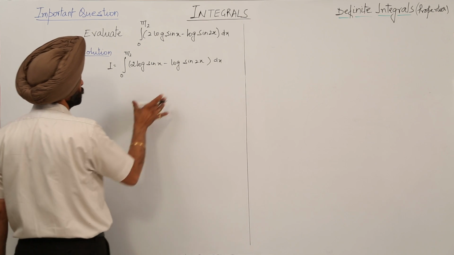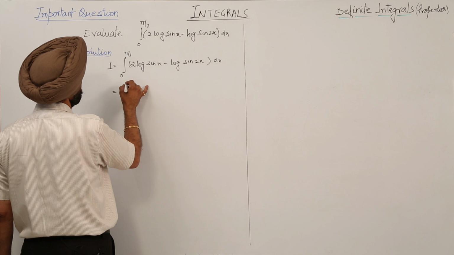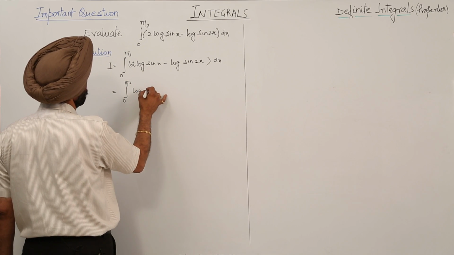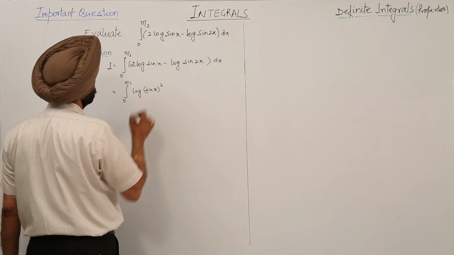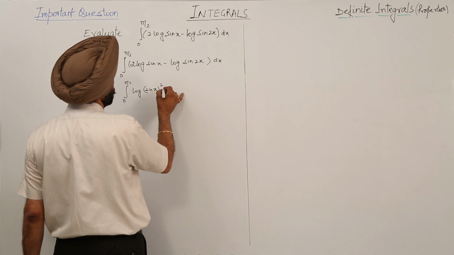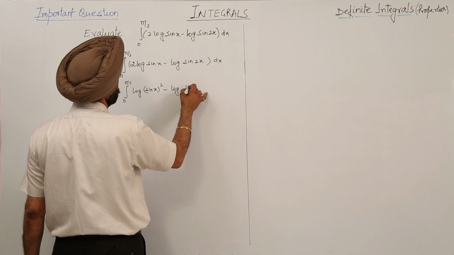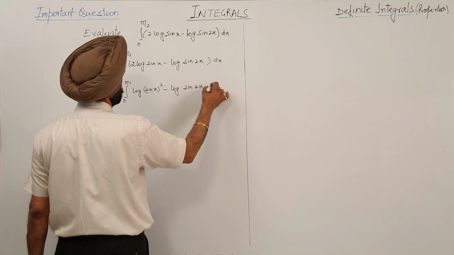Now what we can write for this particular part: integral from 0 to pi by 2 of log (sin x) whole square, this 2, okay, property of logarithm, minus log of sin 2x dx.